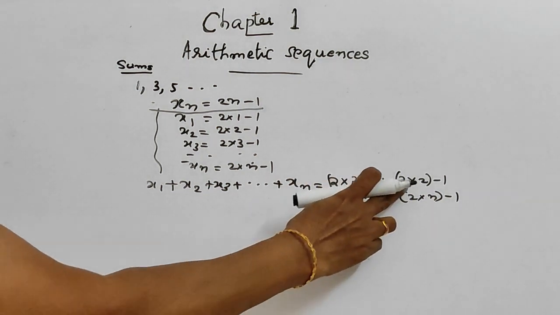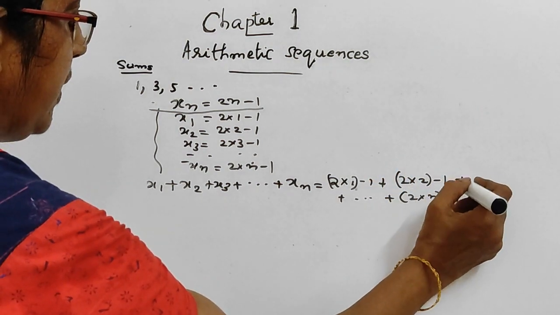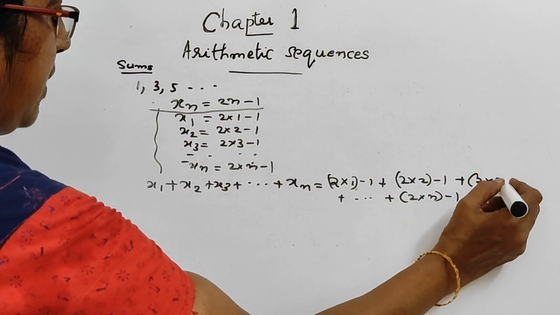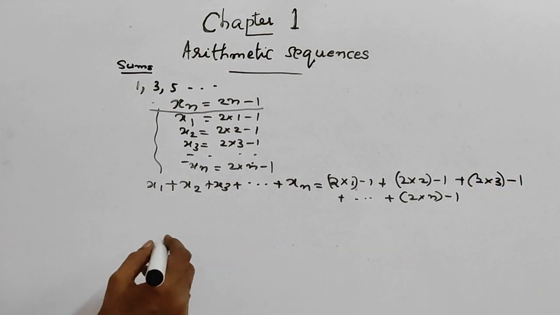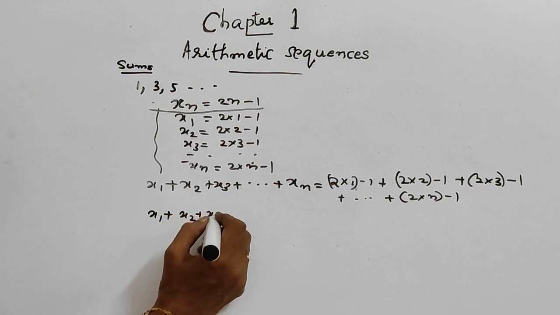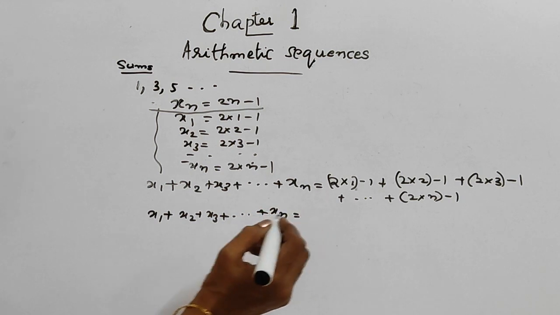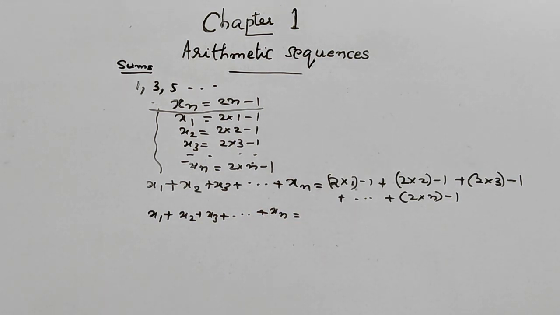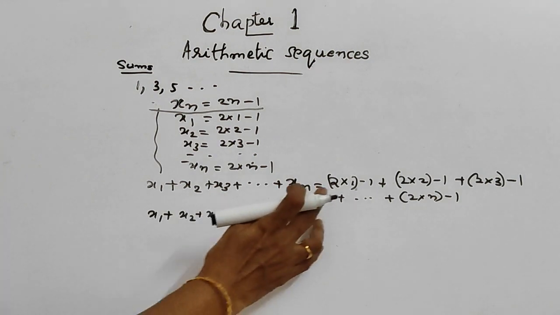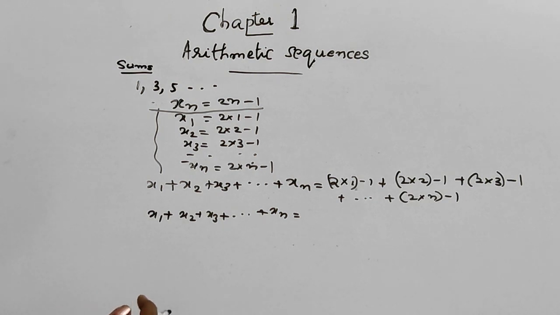If you write one more term here, it will be 2 into 3 minus 1. Here we have 2 everywhere. How many 2's are there? Up to n terms.